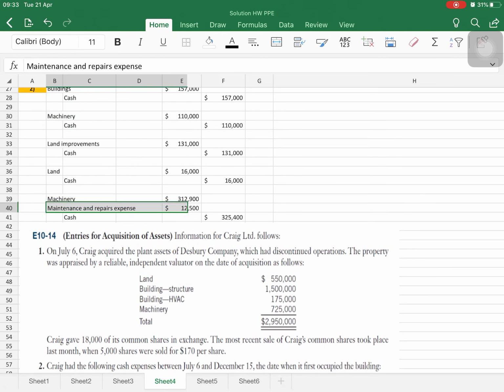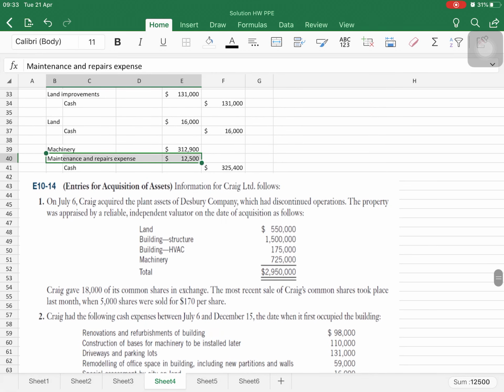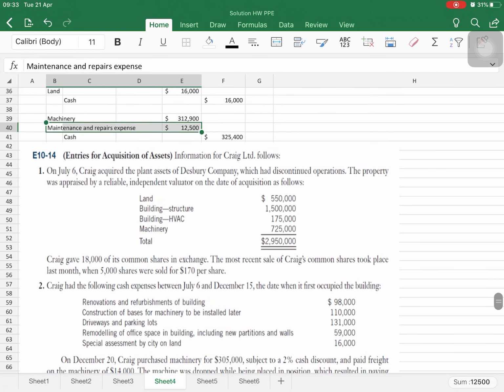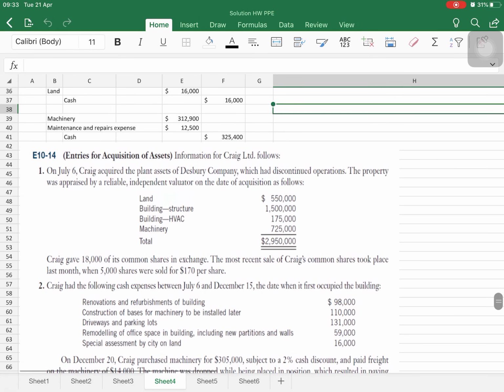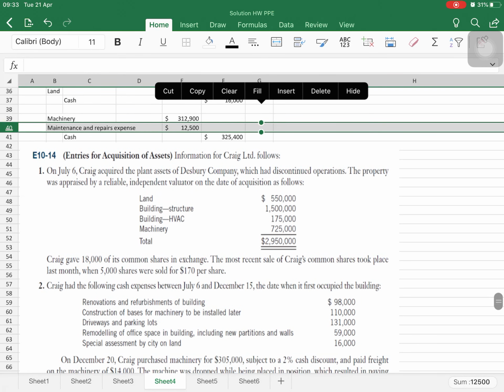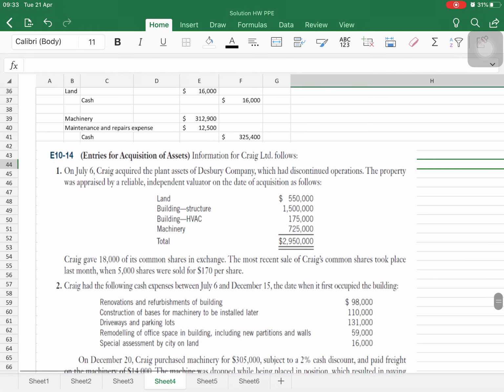So you have to record this one first on the debit side. This kind of expense you cannot include in the cost of the machinery, because it is because of the mistake of the person, not part of installing the machine. So this expense cannot be capitalized.